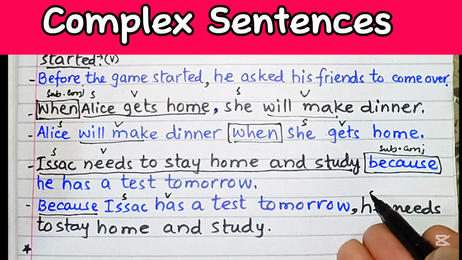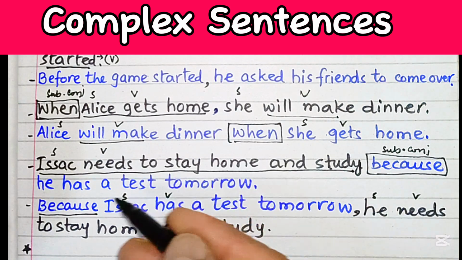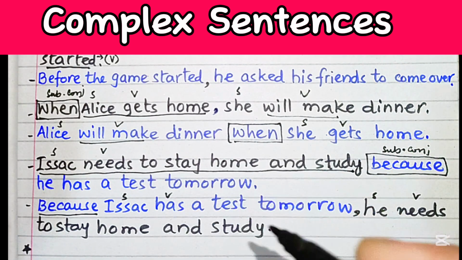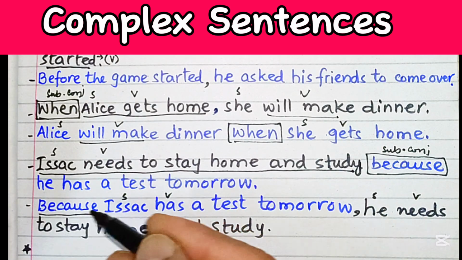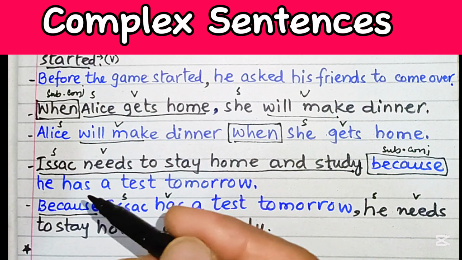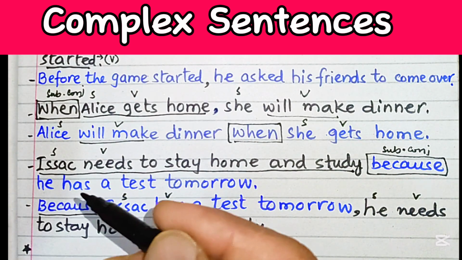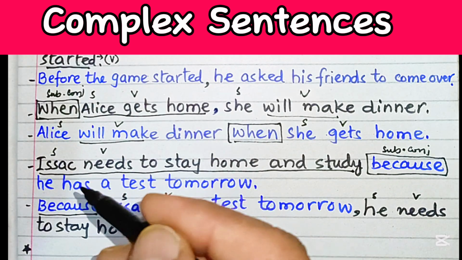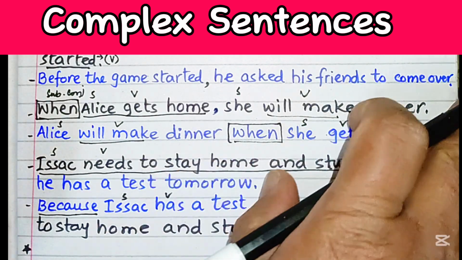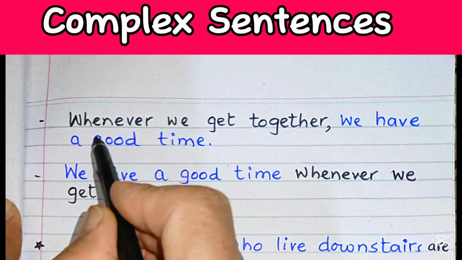He is subject, needs is a verb. So the same complex sentence can be rewritten like this without changing the sense or meaning. We can put the independent clause in the beginning or the dependent clause in the beginning. Both are correct.